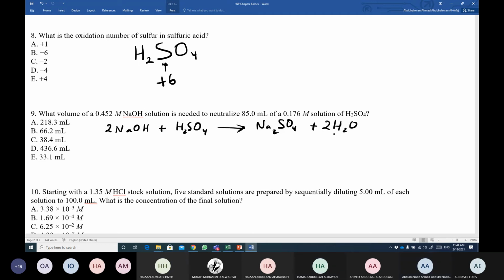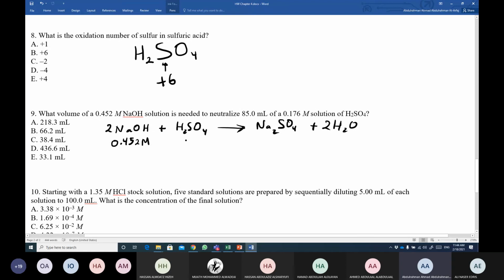How can I solve this? M1 V1 equals M2 V2. Well, you have to be careful. I think the best way to solve this one is to put the information under each one of them. So this one is 0.452 molar, right?